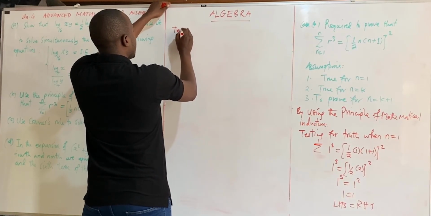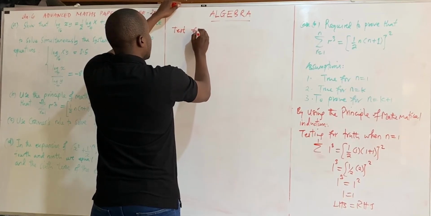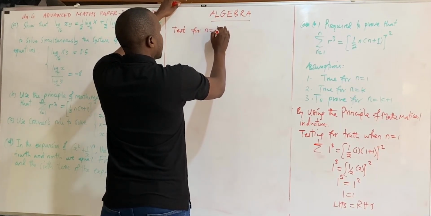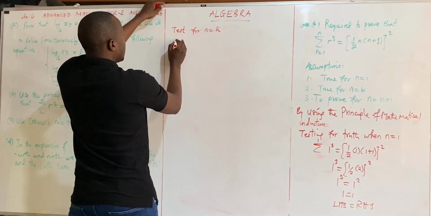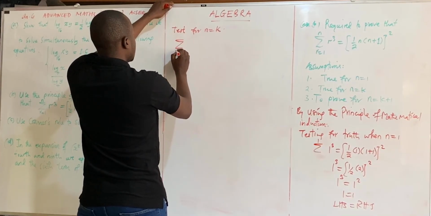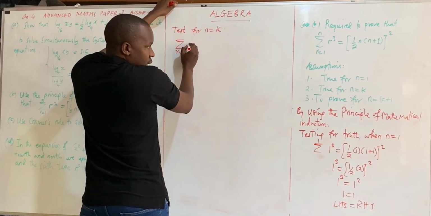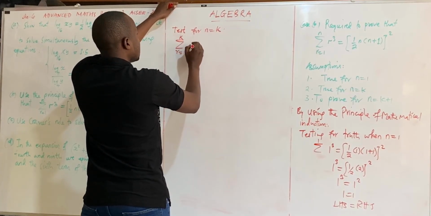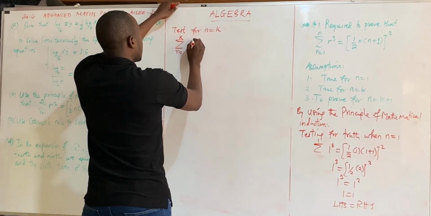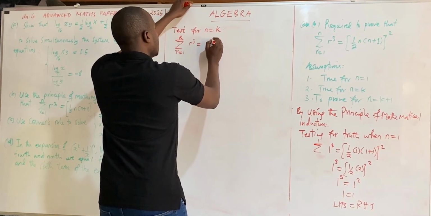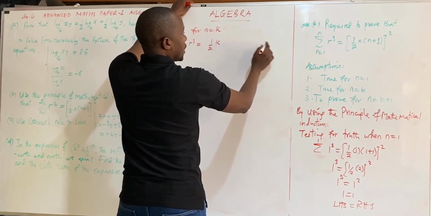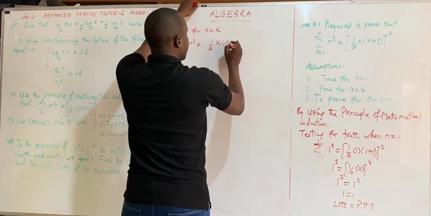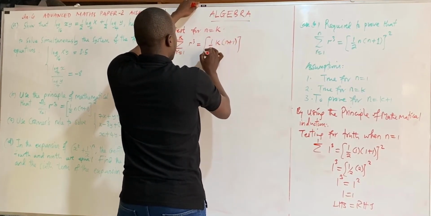We still test for n equals k. So you will have the summation, r equals 1, where n becomes k, of r cubed, which equals 1 over 2, then here we introduce k where n was, then plus 1, then squared.